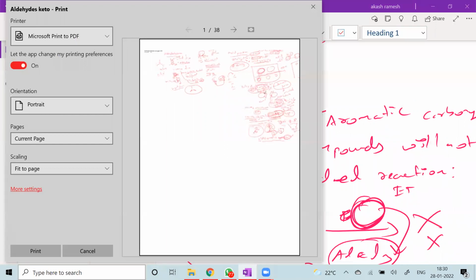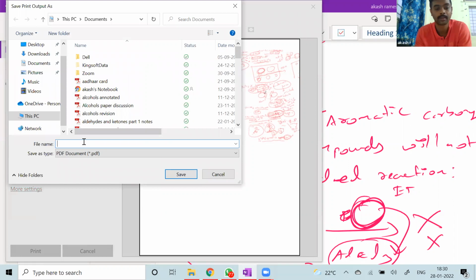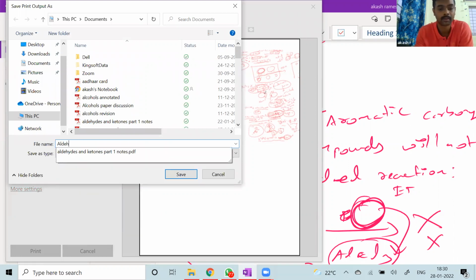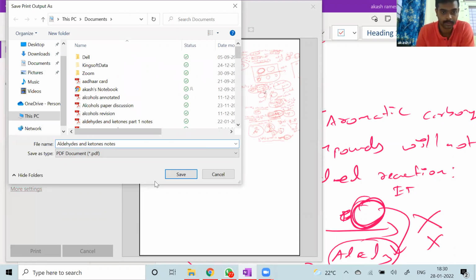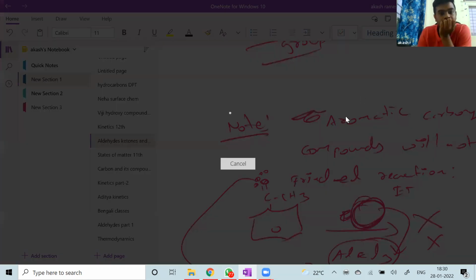Okay, so let me print this. It will take some 2 minutes because it's a very big file.